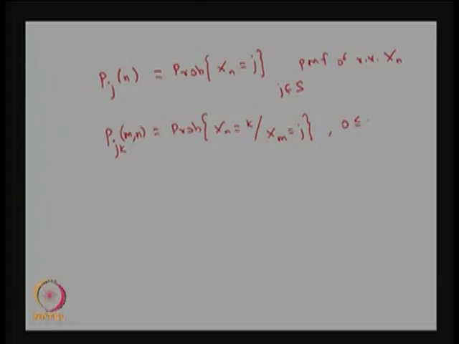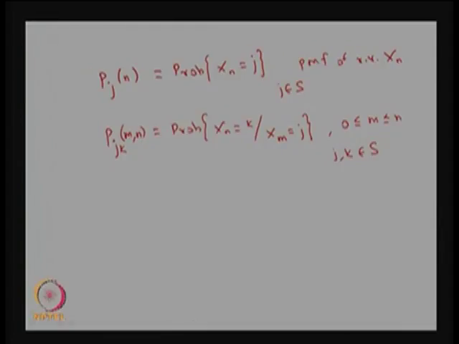Obviously, m lies between 0 and n, and j comma k belong to the capital S. So, this is a conditional probability distribution of the random variable Xn given Xm, where at the mth step the system was in the state j, and at the nth step the system is in the state k, and this is a conditional probability with the two arguments m comma n.